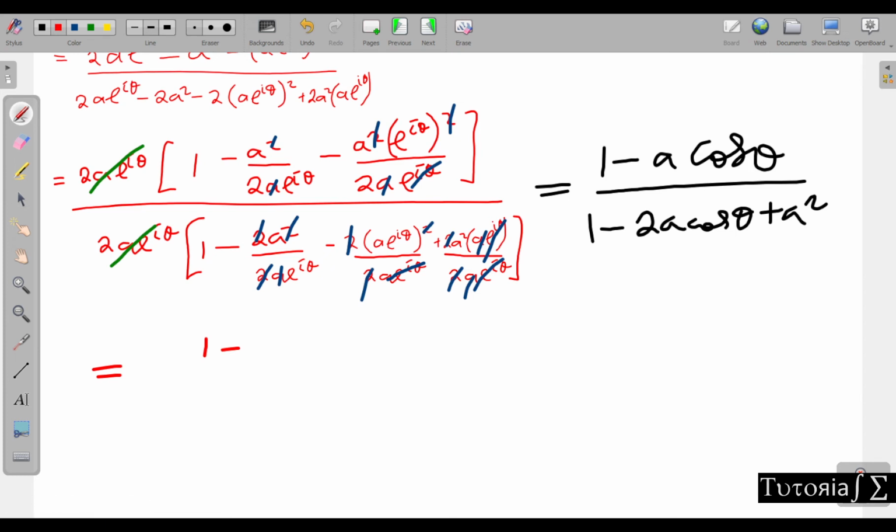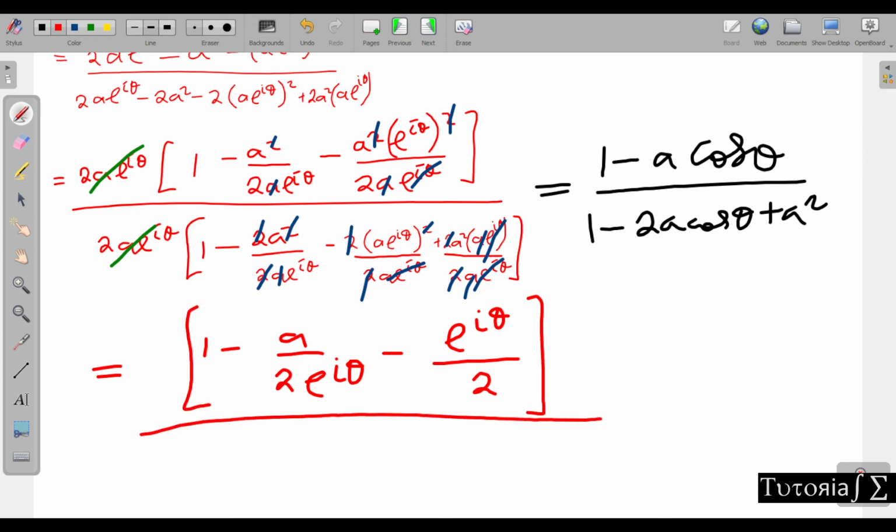And finally, on the numerator, we're going to remain with 1, then a over 2 e to the I theta, minus, here again, we're going to remain with e to the I theta all over 2. Okay? That is on top.